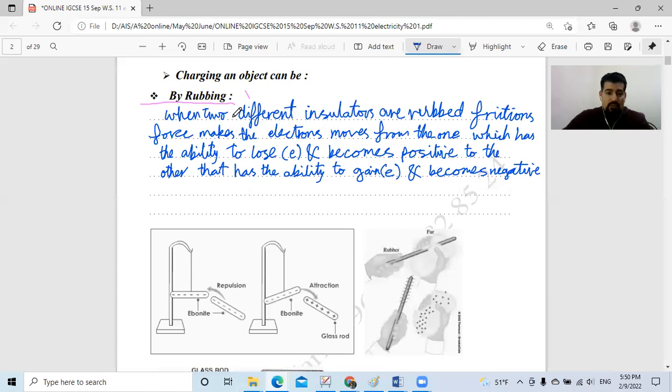Okay, so when two different neutral insulators are rubbed, I forgot to write the word neutral, friction force makes the electrons move from one which has the ability to lose electrons to the other which has the ability to gain electrons, and it becomes negative.